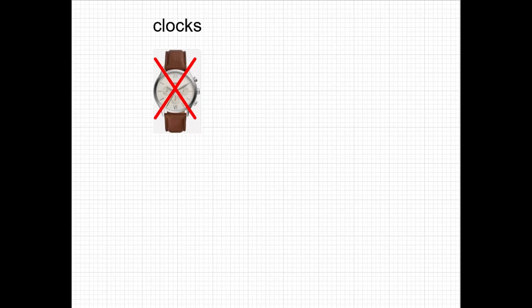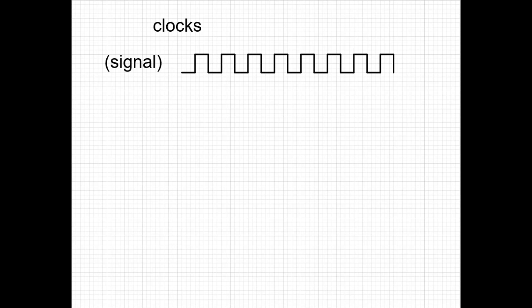These are not tiny digital watches that tell us the current time, but they serve a similar function in that they do keep track of time in a sense, and, like a watch, can keep us on a predefined schedule of events. But what exactly is a logic clock? A logic clock is simply a signal that toggles up and down at a very regular rate.